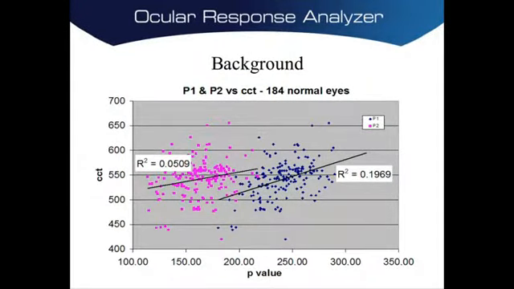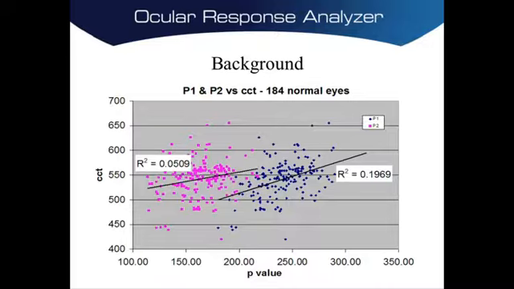But if you look at these pressure measurements, P1 and P2, as individual pieces of information, what we found is that they are affected by the cornea in different ways. If you look at this plot, you'll see the P1 value versus central corneal thickness.